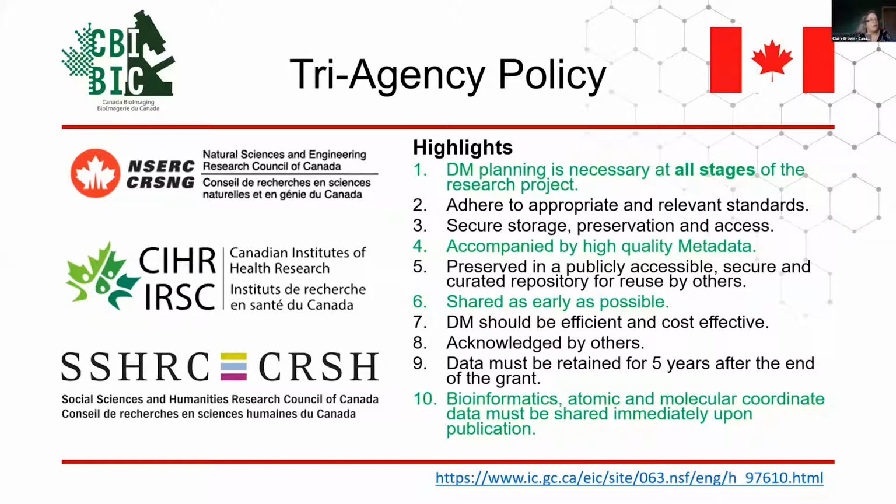The policy says data management is necessary at all stages of the project. It needs to be accompanied with high quality metadata, and it needs to be shared as early as possible in the process of generating the data and publishing it. And right now, bioinformatics, atomic and molecular coordinate data must be shared when it's published, but this requirement hasn't been extended to other fields yet.